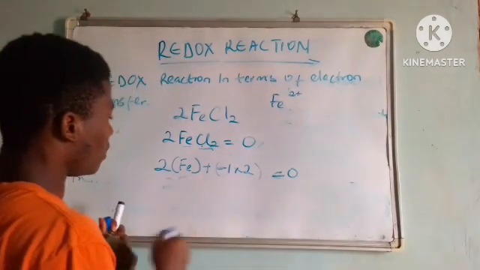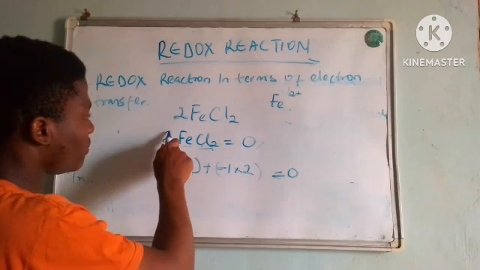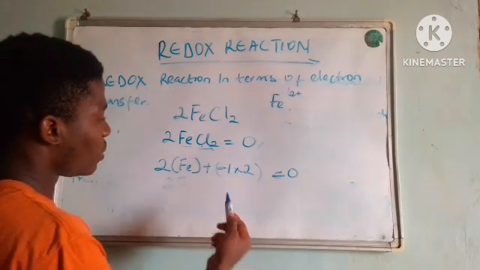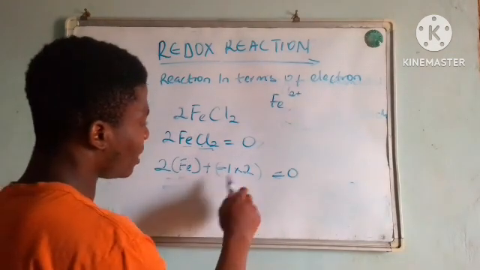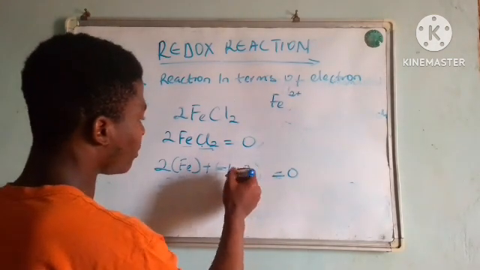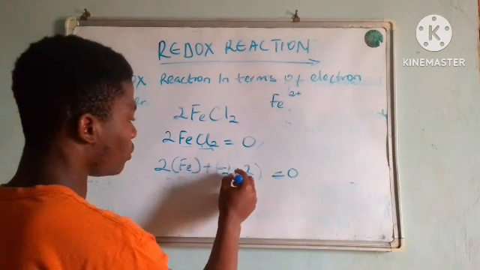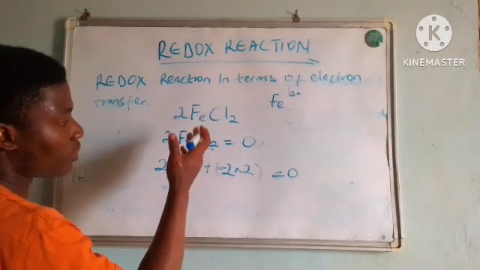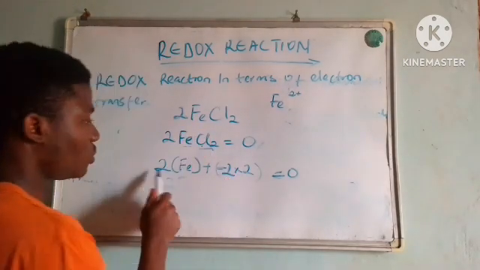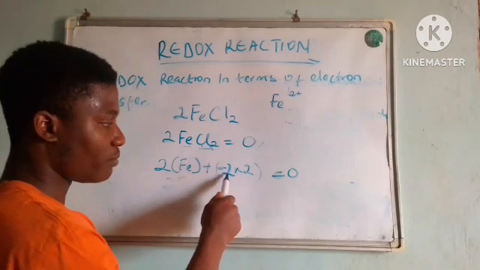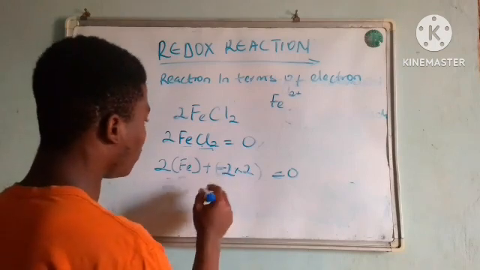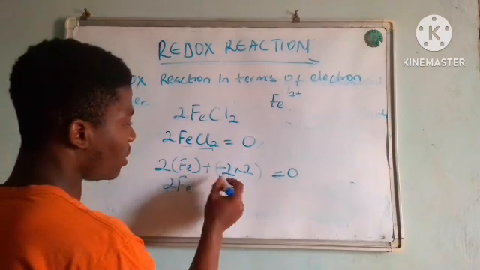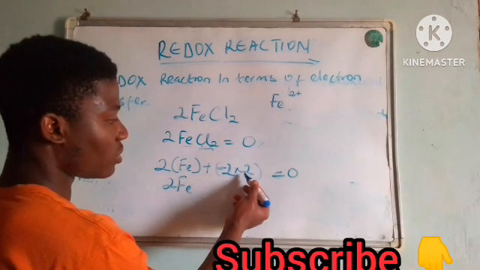So remember I said that because these two is bold this way, these two will multiply everything here. So these two multiplying everything here will make this to be 2 also. But originally the oxidation number of chlorine is -1, but because of these two, 2 times -1 will give us -2. You understand?